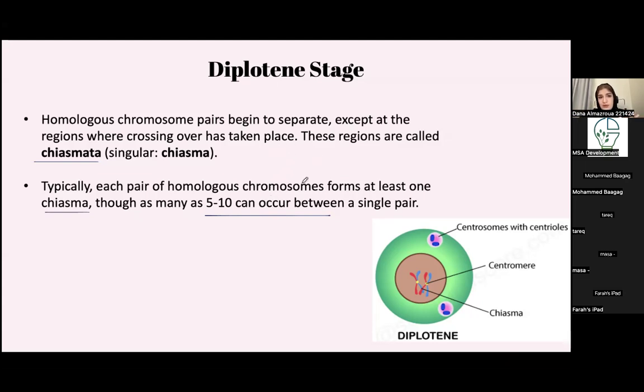Does that make sense so far? There isn't really much to explain here. It's just mostly terminology. The separation will be discussed more later. And in every homologous pair, at least one chiasma must be present. One crossing over reaction must happen in every homologous pair of chromosomes.